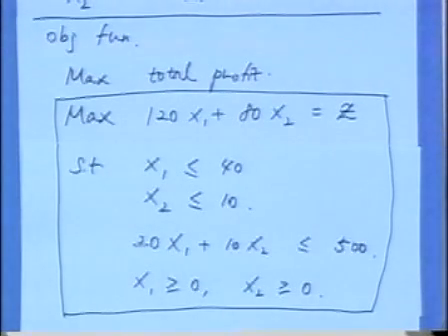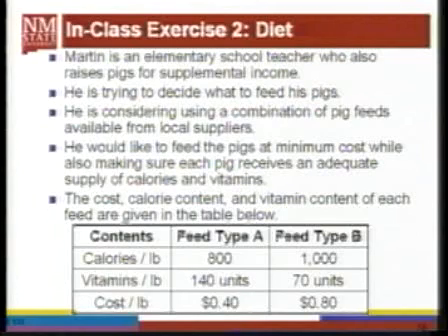Okay, then let's take another example. In this example, Martin raises pigs for supplementary income. And he is trying to decide what to feed his pigs. And he is considering using a combination of pig feeds available from local suppliers.